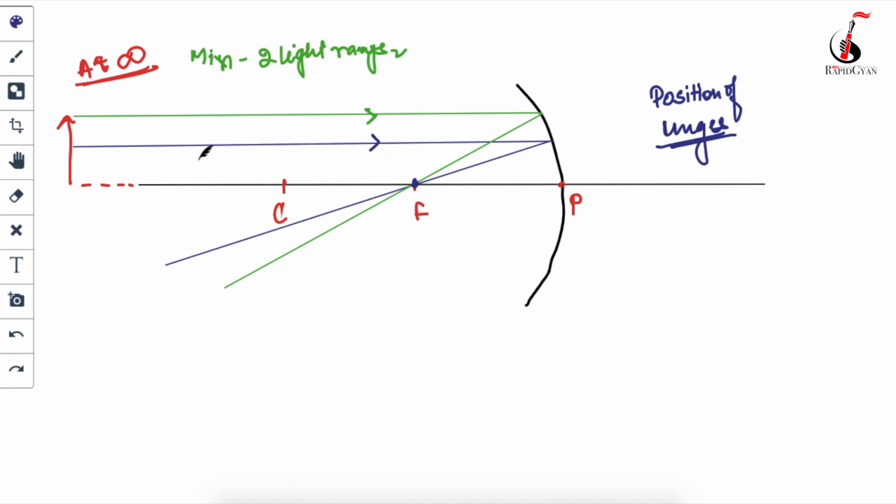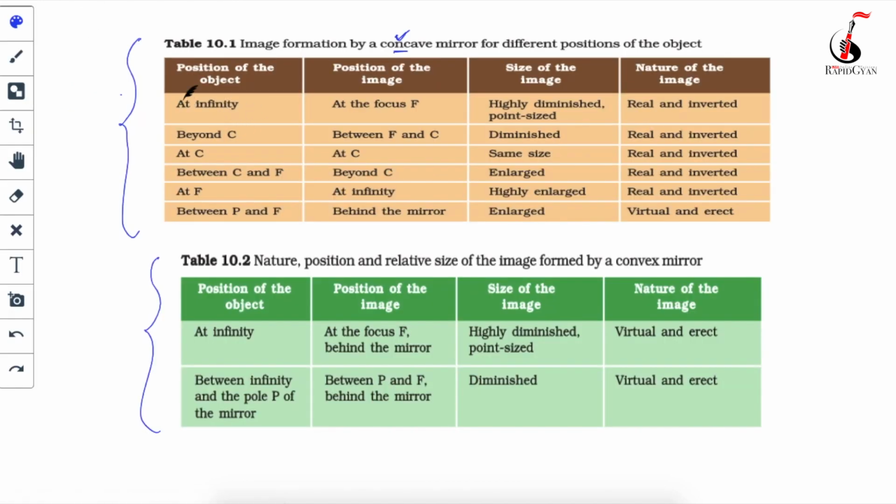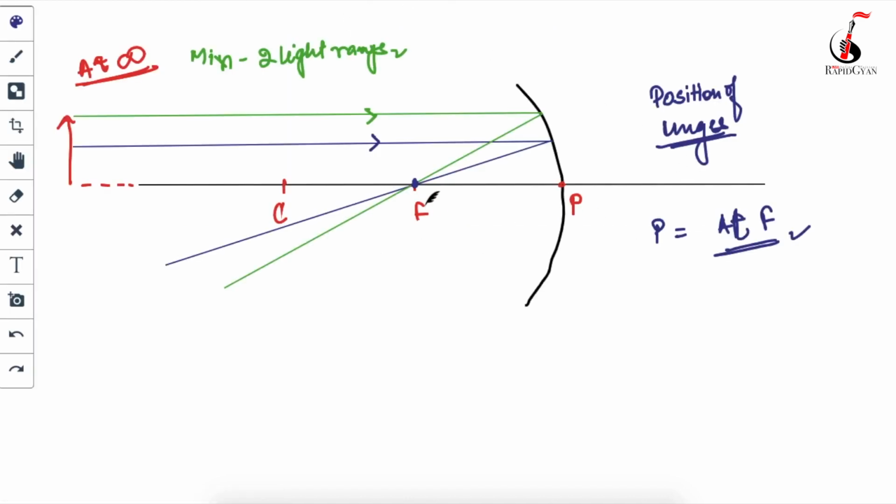In this case the point of intersection of two light rays is your F. So your position of the image is at F. See, when the position of the object is at infinity, the position of the image is at F. And how we decide? We decide by looking into the point of intersection of two rays. Here the point of intersection of two rays is at F.